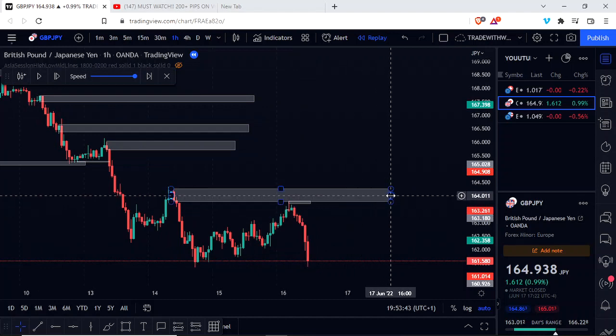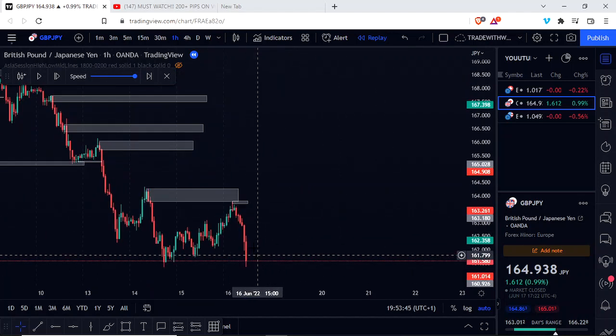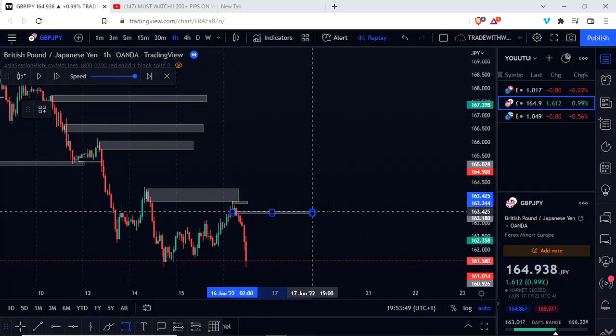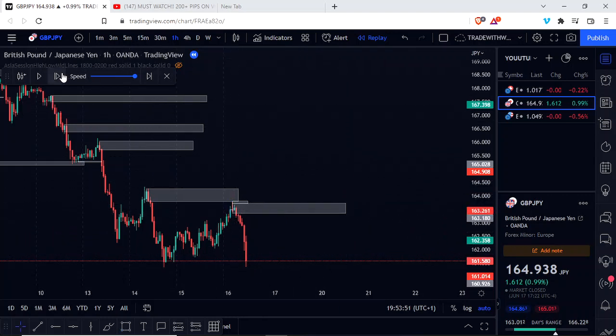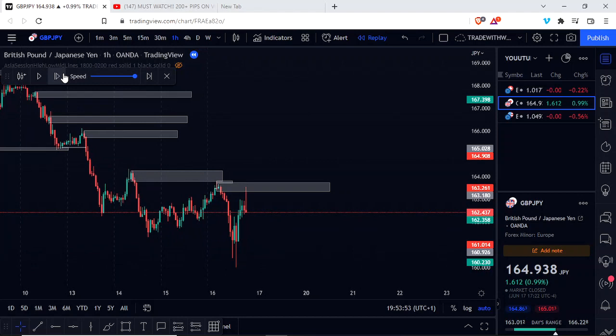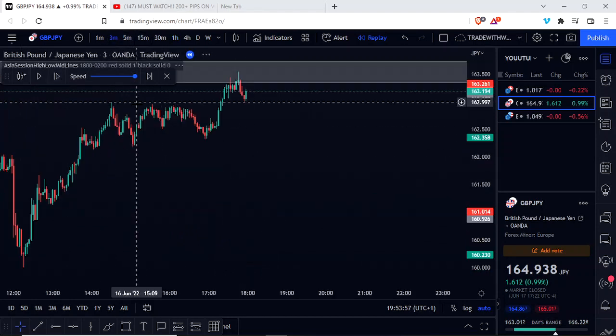Then after the mitigation and takeouts, we've got another supply zone there. Okay, that's another mitigation. So let's enter the 3 minutes time frame to check.